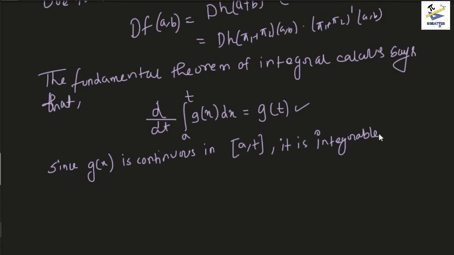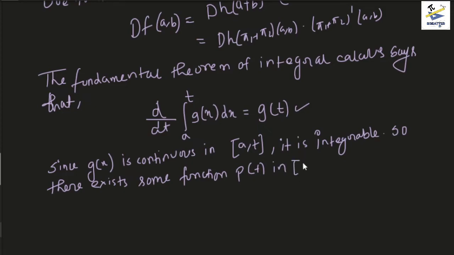Since it is continuous, it is integrable. So there exists some function p of t in a comma t such that p dash t is g of t.